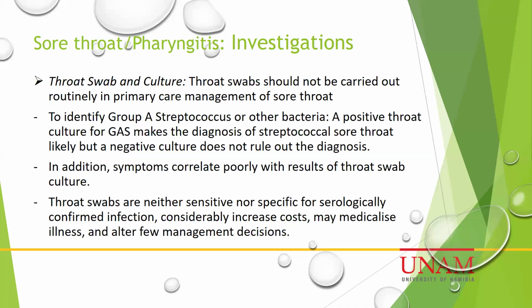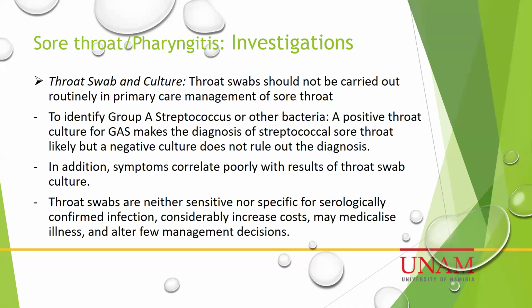Now, throat culture for diagnosing streptococcus pharyngitis is usually not carried out routinely, all right, in the outpatient department. But sometimes it may be good if your Centor score is above 2 to 3, you want to be able to identify the causative bacteria. A positive throat culture for group A streptococcus makes the diagnosis of streptococcus sore throat likely, but note that a negative culture does not rule it out.